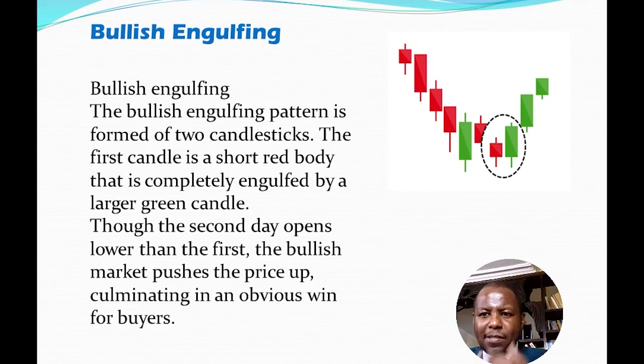The pattern involves two candles, and like you can see there, you have the smaller bearish candle, which is red, and then you have the bullish green candle. When the bullish candle, the large one on the right, is engulfing the smaller bearish red one, that's what you call a bullish engulfing.